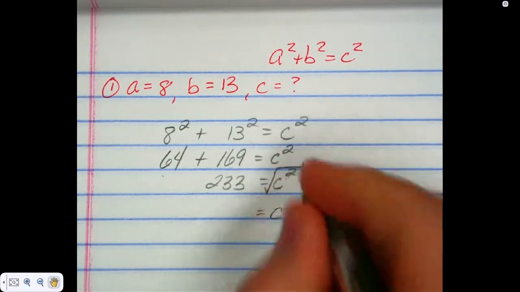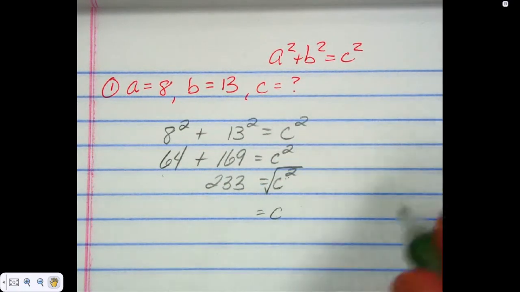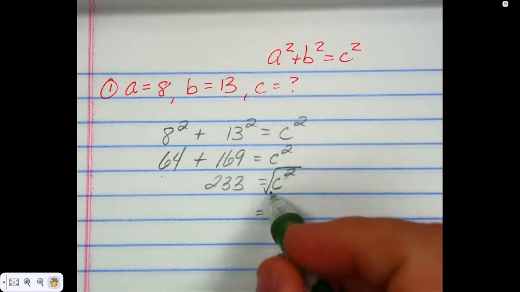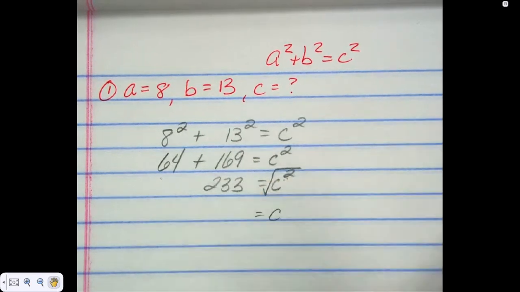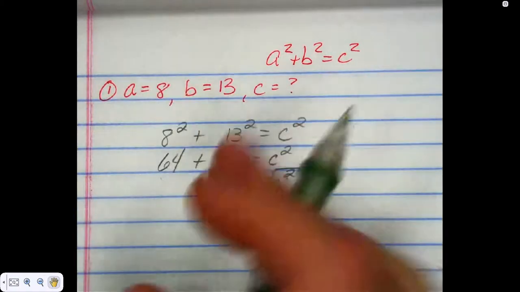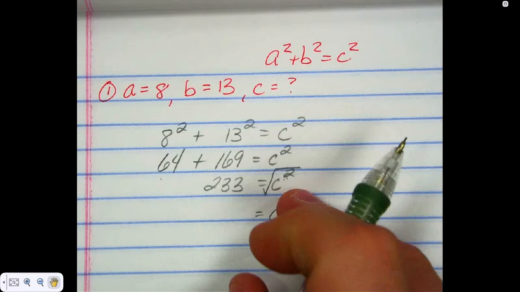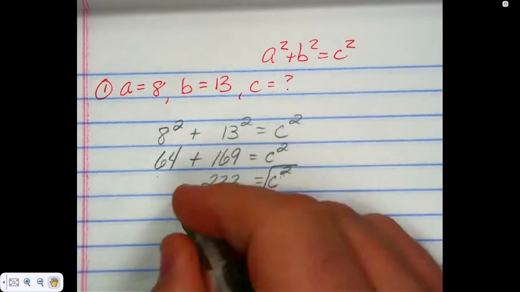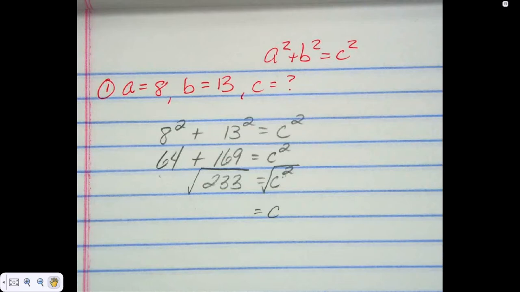I take the square root of it. Because didn't we just talk about that? Square root of C squared is C. But what allows me to do that? Remember, with any equation, what do you have to do? You have to keep it balanced. So if I took the square root of the right side of the equation, what do I have to do? Take the square root of the whole left side of the equation.